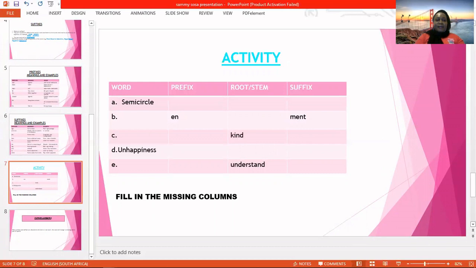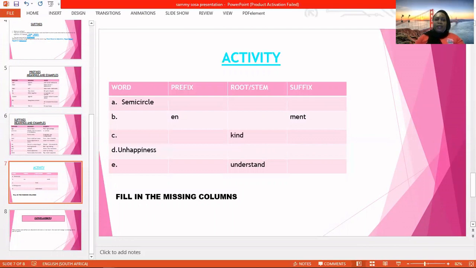The word kind has been given as a root or the stem. Then I think we can think of the prefix, maybe un, and suffix ness. Unkindness. Unkindness will be our word.